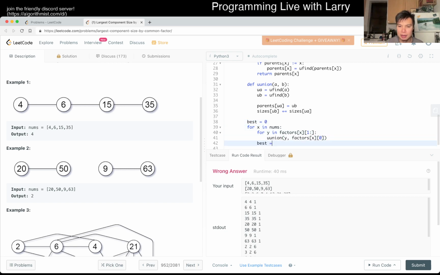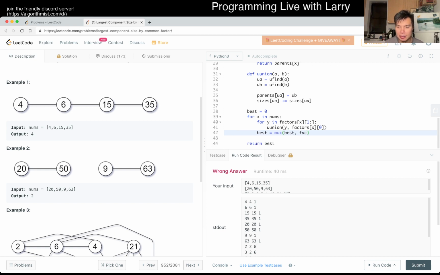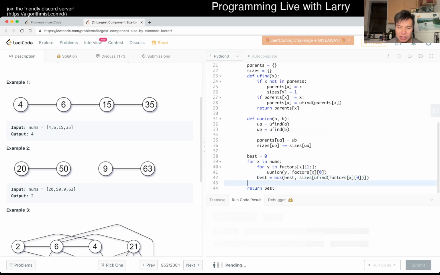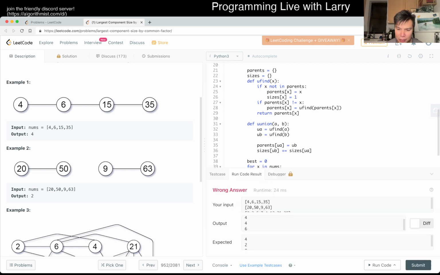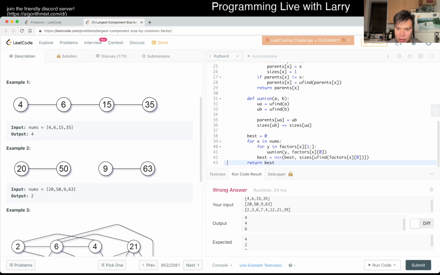So yeah, after a union, we can look at sizes of u find of the first factor, right? Also, because I looked at it a little bit wrong as well. So, okay, so this is still wrong. But I looked at the wrong size for this one. Why is this wrong?